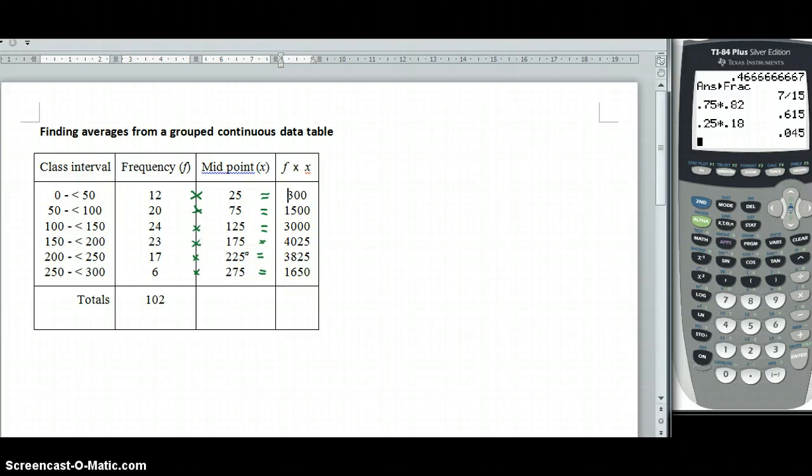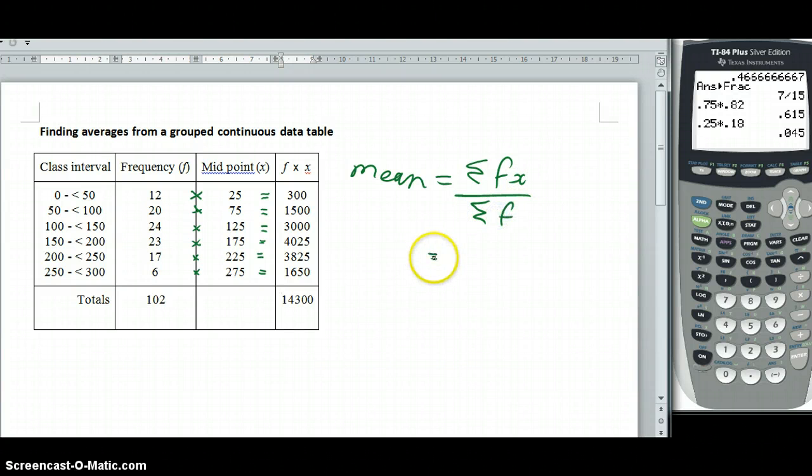Okay, and the number now, basically what we're looking at is we need this total down here, and that total is 14,300. So we can now see, quite straightforward, that the mean is the sum of fx over the sum of f, which is 14,300 over 102.